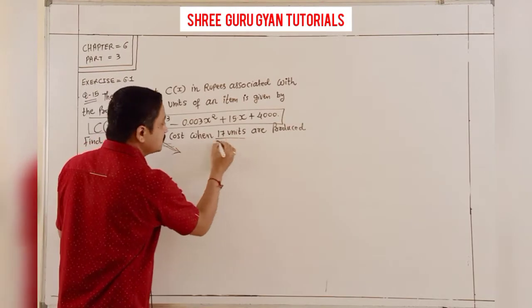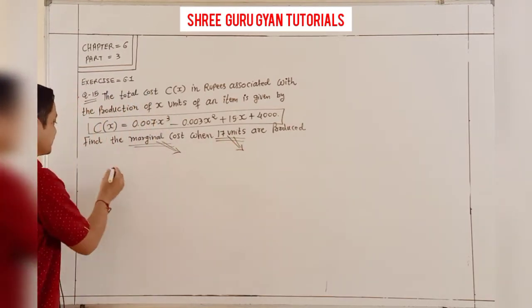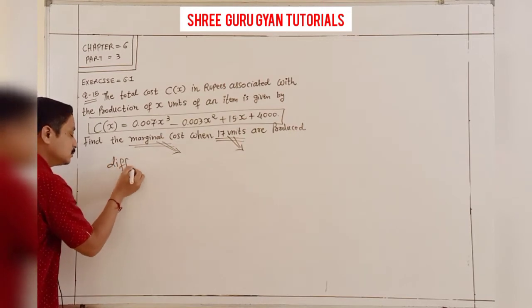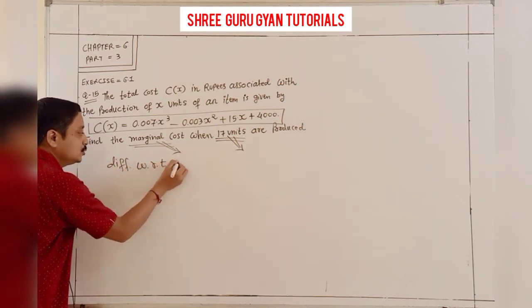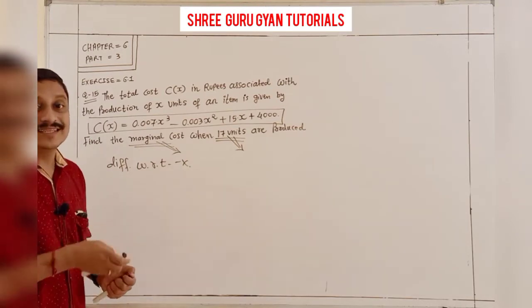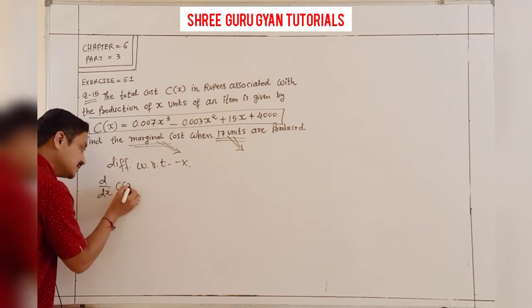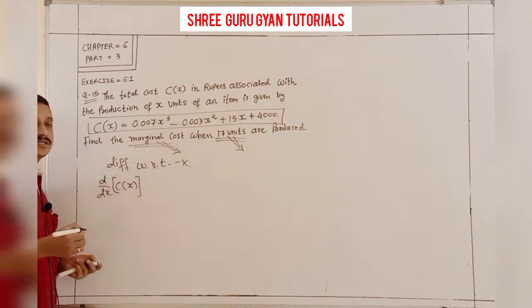At the unit 17. It's very easy. I just start differentiation with respect to the variable x and apply your derivative easily. So d/dx of C(x) means our C(x) value.